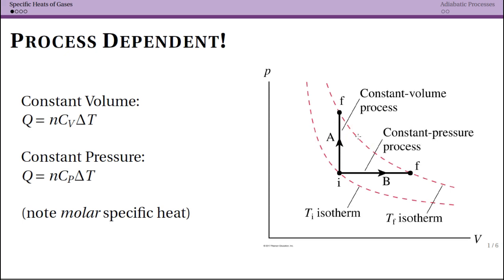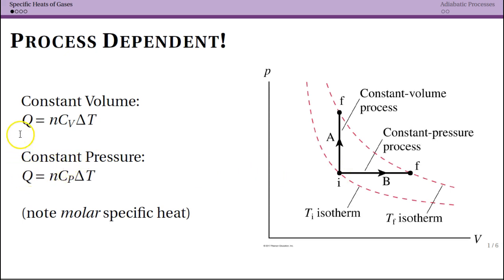But the two ways we're going to look at are a constant volume process, where we go straight up, an isochoric process, and a constant pressure process, where we go horizontally, an isobaric process. Now, the amount of heat transferred in each of these is actually different, but the delta T is the same. And the number of moles would be the same if we're talking about a well-contained ideal gas that has the same initial state in each case.